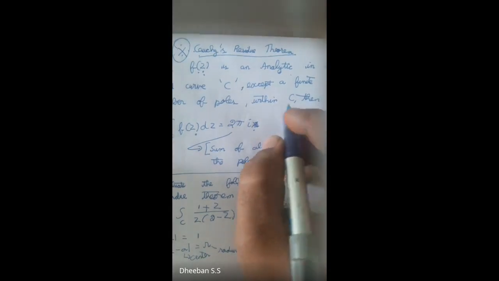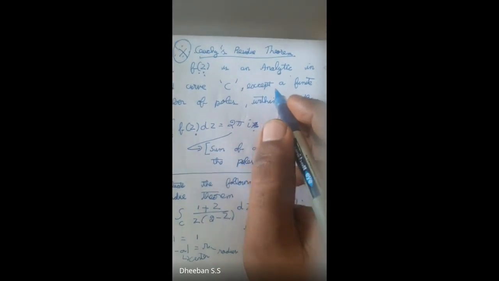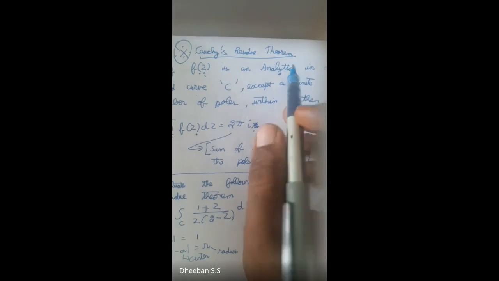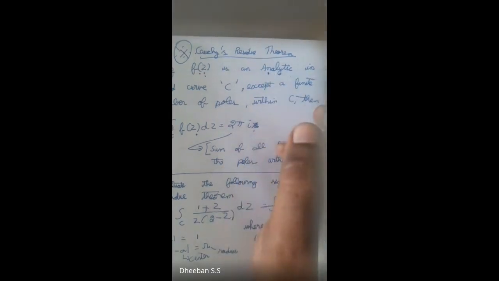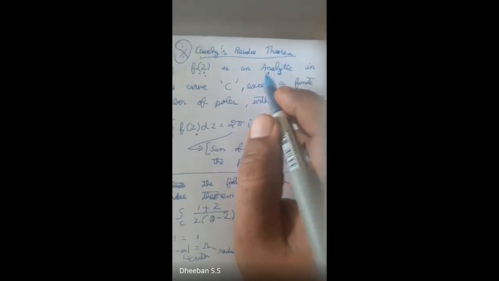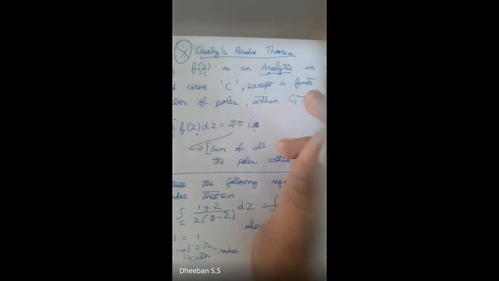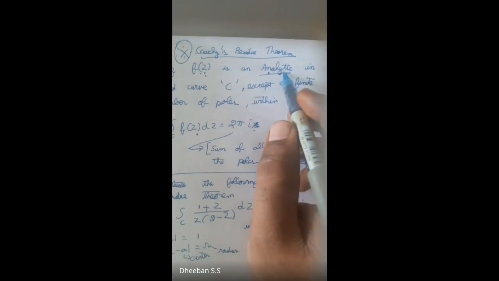Analytic means that we are able to plot the function in a graph, whether it is a hyperbola, parabola, or an ellipse, like that. If it is possible to say the nature of the function, in terms of mathematics, then the function is analytic.